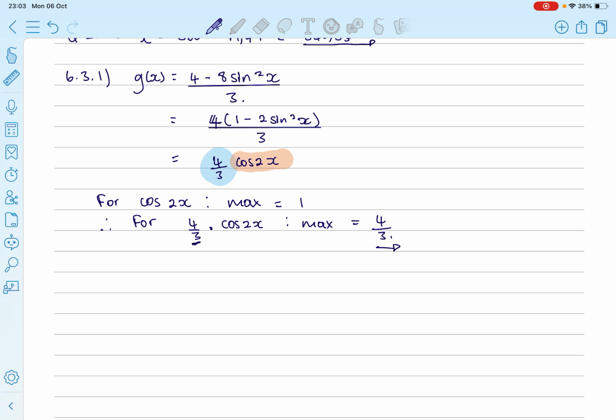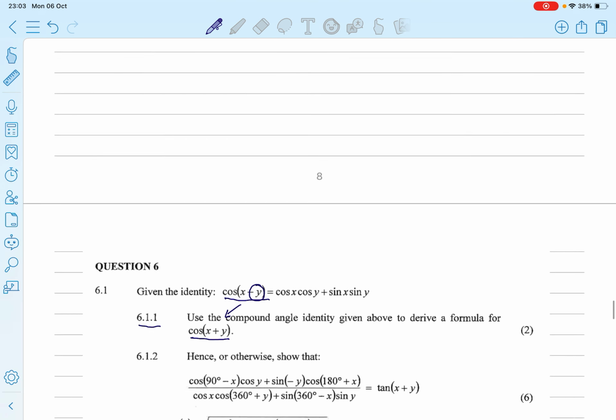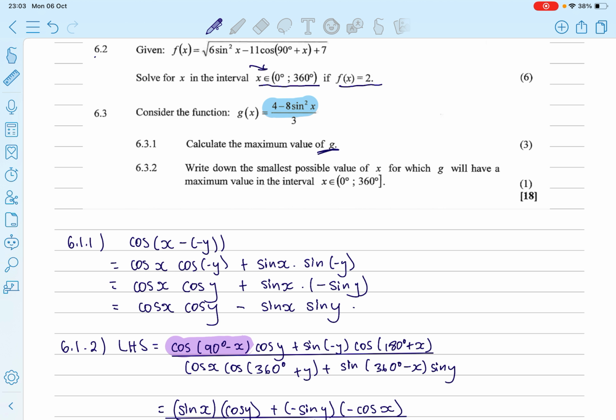So our understanding of trig functions is very essential for us to be able to solve this problem. Okay, let's move on to the last question, 6.3.2. We've been asked to write down the smallest possible value for which g will have a maximum value in the interval of x as an element of values between 0 and 360.